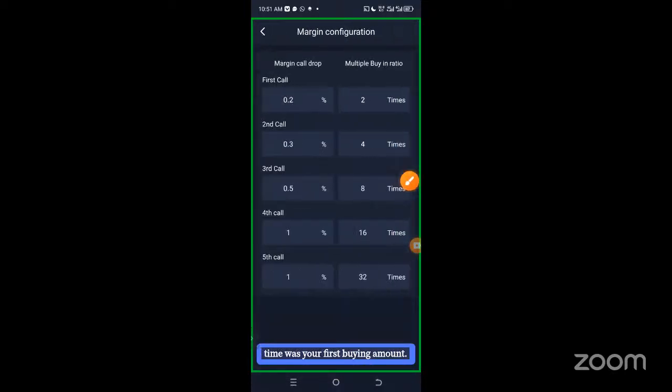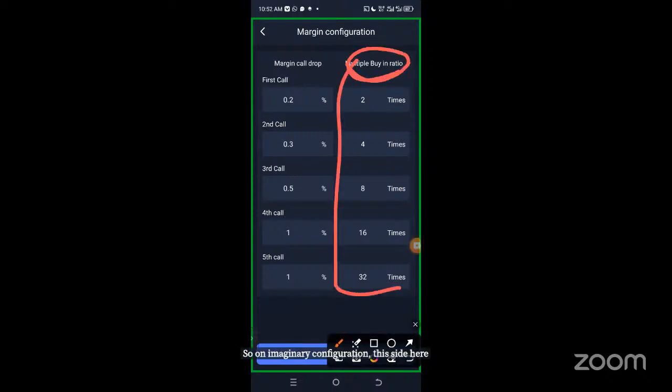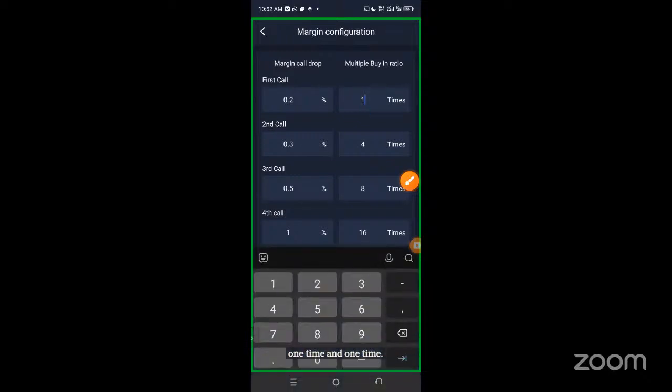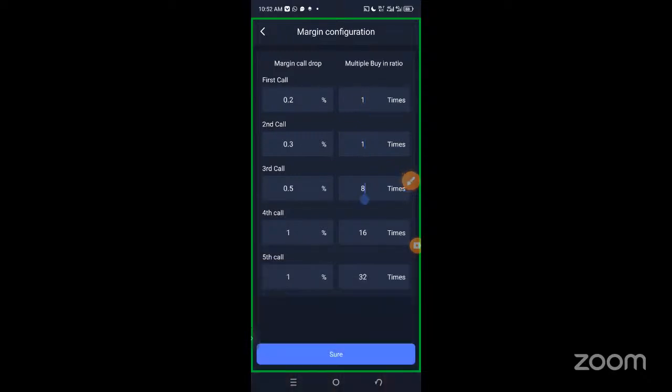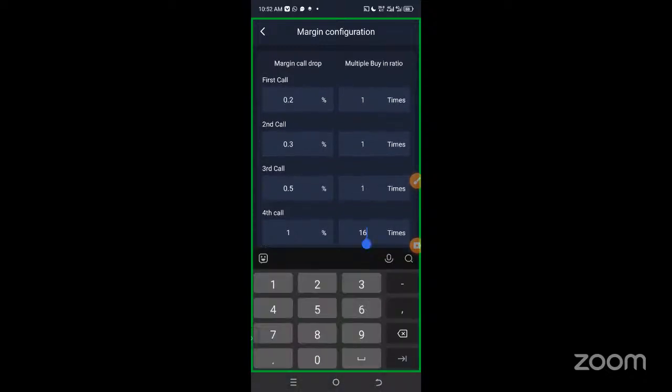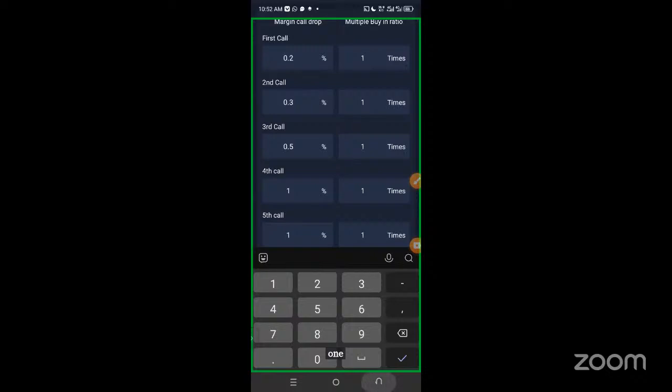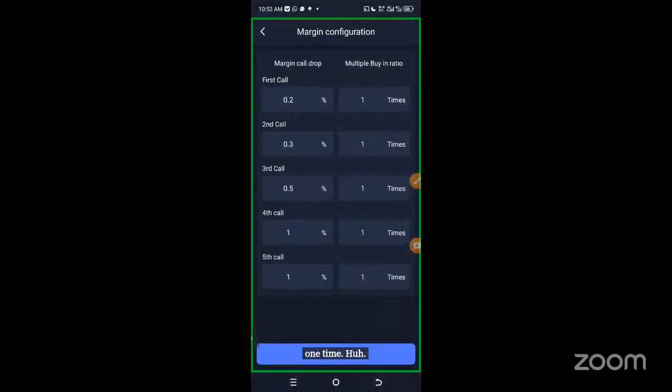So on margin configuration, on this side of multiple buy, put one time, one time, one time, one time, and one time. It means when the market drops by 0.2, the robot is going to buy one time.